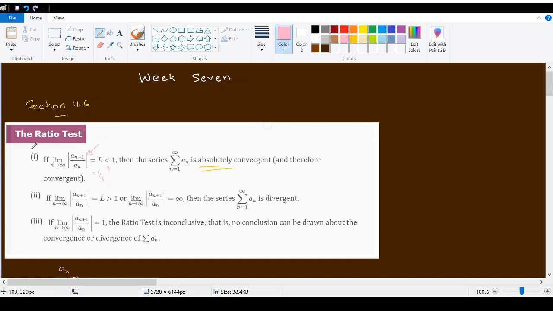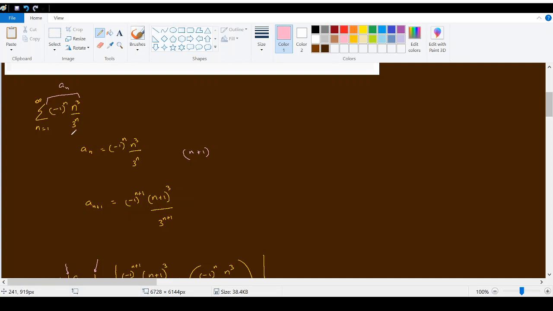Then from the ratio test it says the given series is absolutely convergent. That means this series is absolutely convergent, that means even this one will converge. Therefore, from the theorem that we did before, since this absolutely converges, then the original series will also converge.